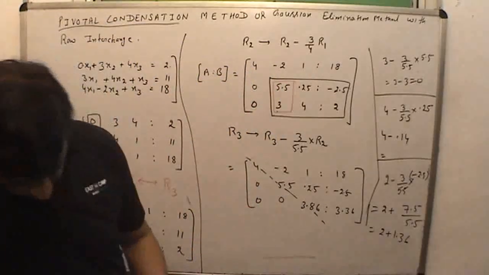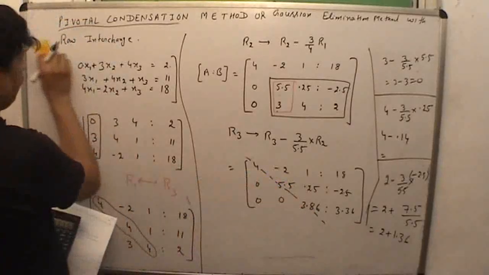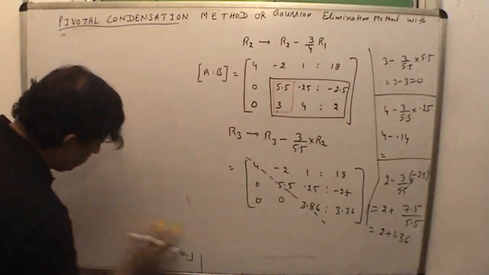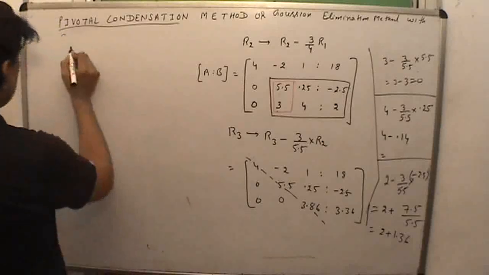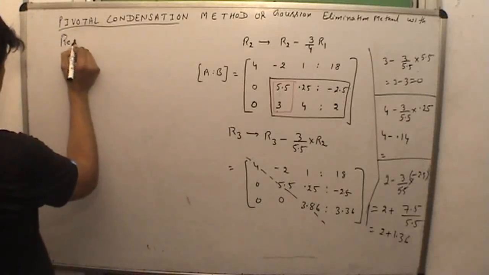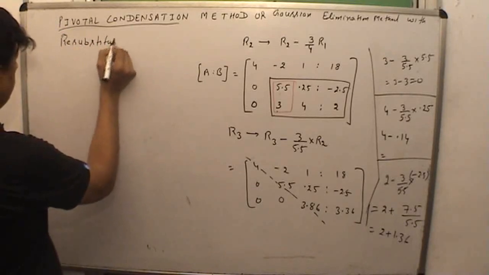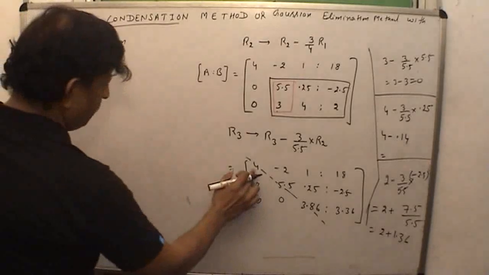Now we follow the rule of back-substitution. From where we started, we will send these equations to the same position. That step we call back-substitution. We can convert this equation.